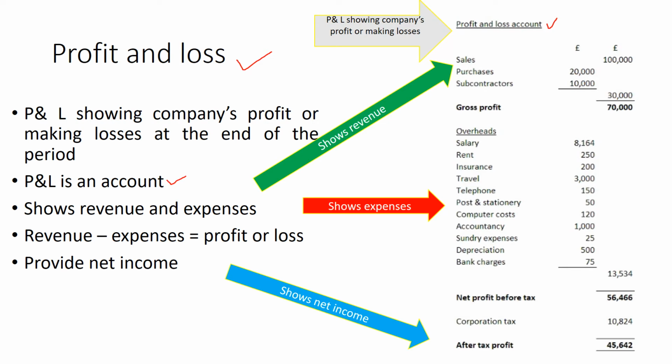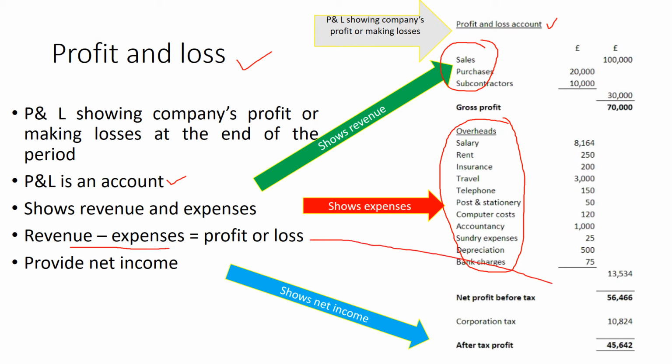This P&L shows revenue, and also it shows expenses. Once we get revenue, deduct the expenses, we will see whether we are making profit or making losses. And from here P&L will provide the company's net income.